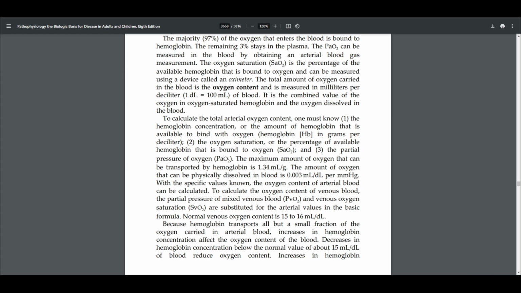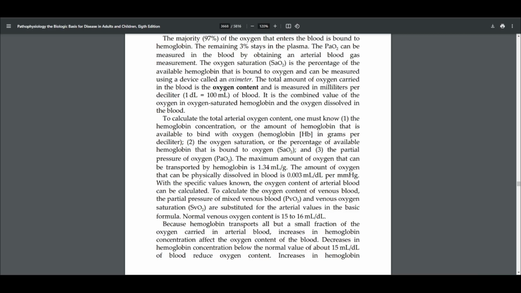To calculate total arterial oxygen content, one must know: 1. The hemoglobin concentration, or the amount of hemoglobin that is available to bind with oxygen, 2. The oxygen saturation, or the percentage of available hemoglobin that is bound to oxygen, and 3. The partial pressure of oxygen.